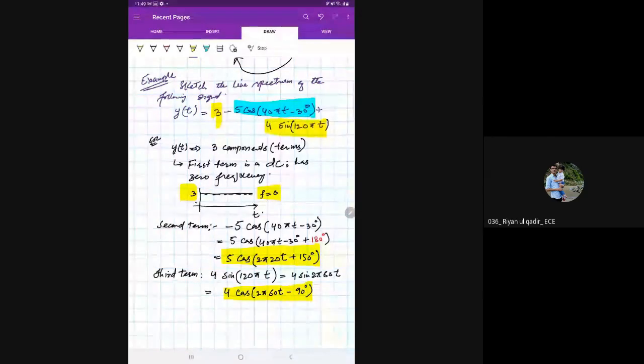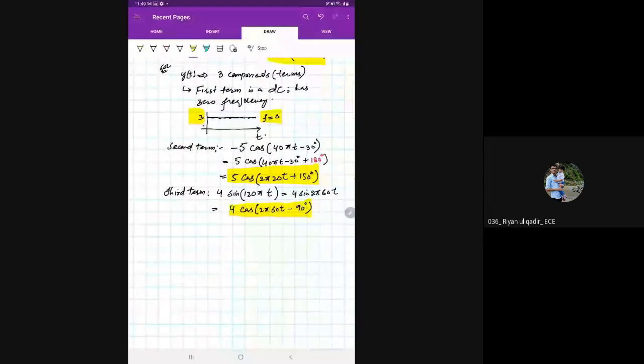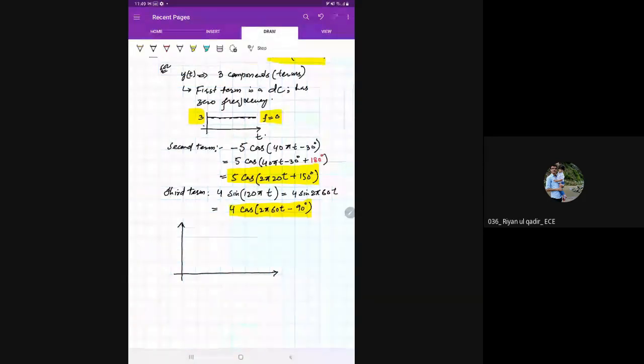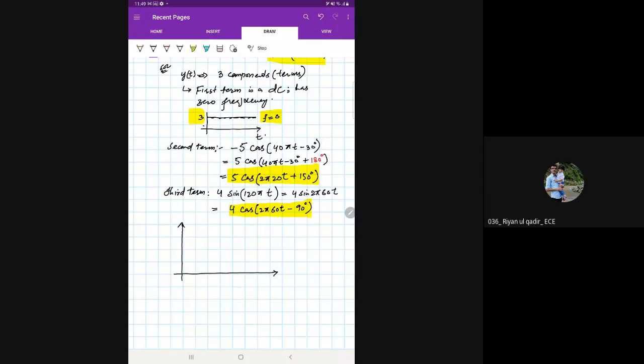If we try to plot these 3 terms, let us first plot the amplitude spectrum. For the amplitude line spectrum, we first have to plot the amplitude spectrum. I will ask Basit, roll number 16: what should I mark on the y-axis?